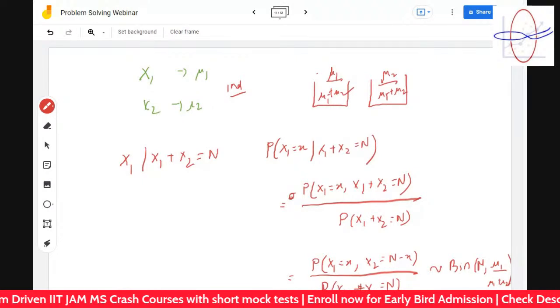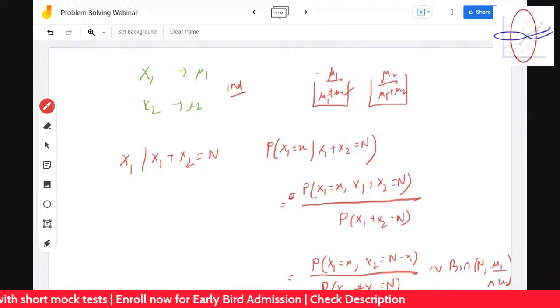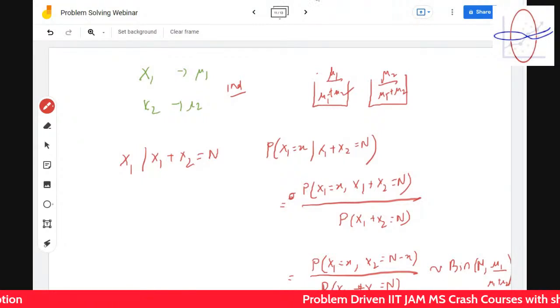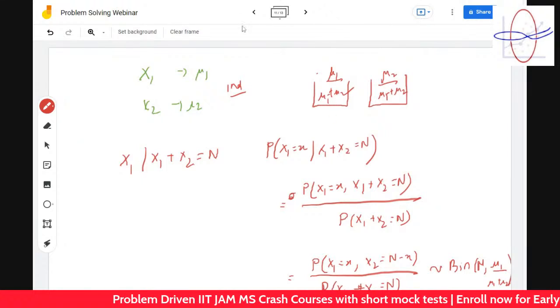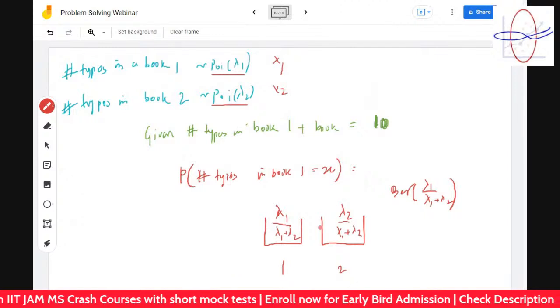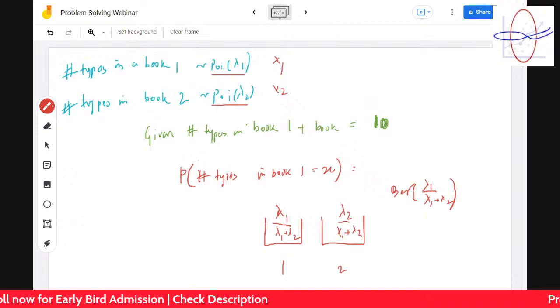What do you think? Any other ideas? What do you think, guys? So what was the logic? The intuition was that the first book may on average, if I take one typo, turn out to be lambda 1 and here lambda 2.